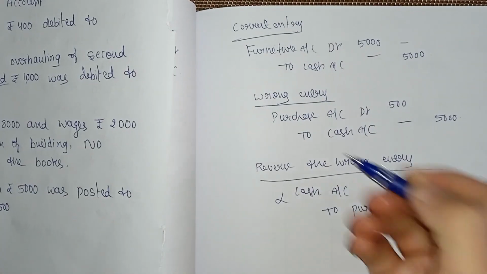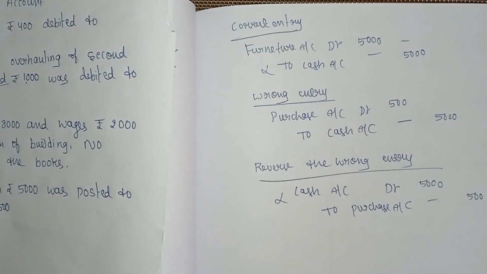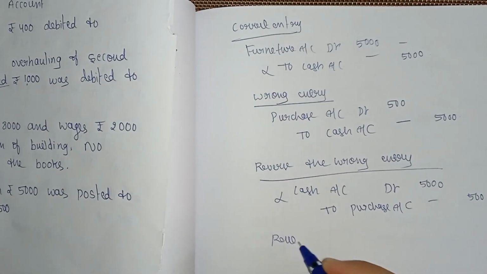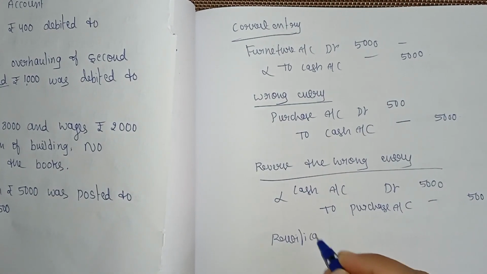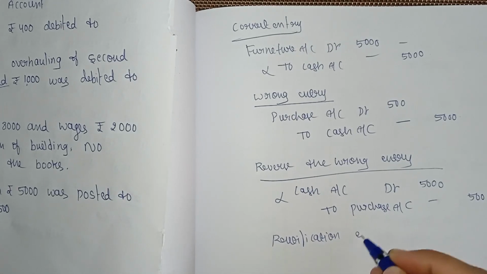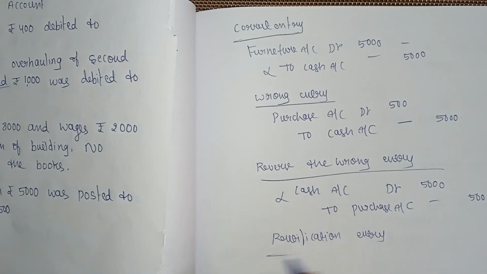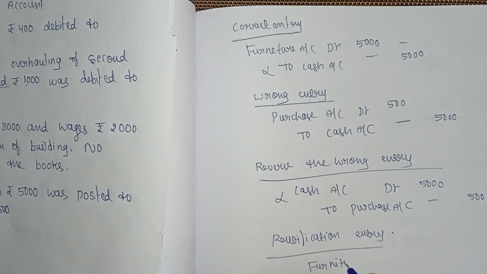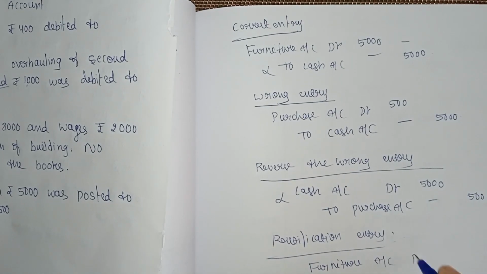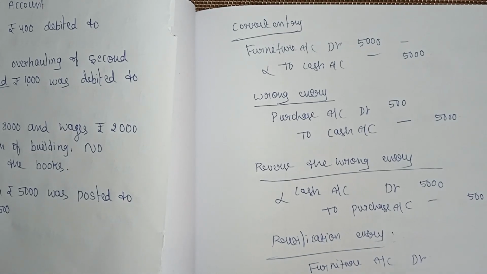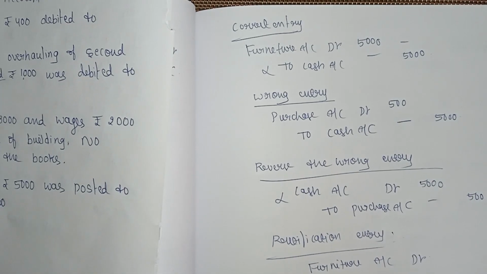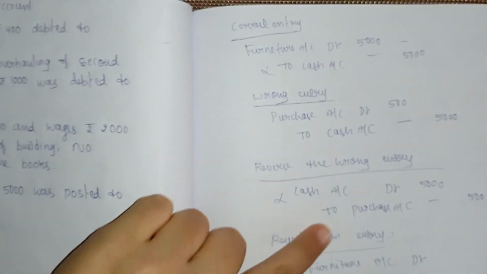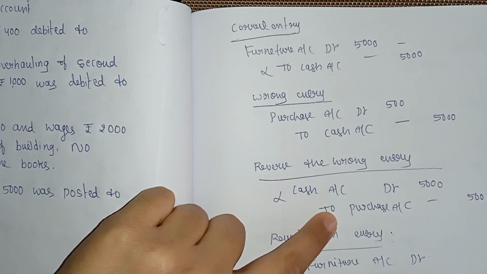Here cancel the cash account and write down the rectification entry. So what is our rectification entry then? Furniture account debtor to purchase account.